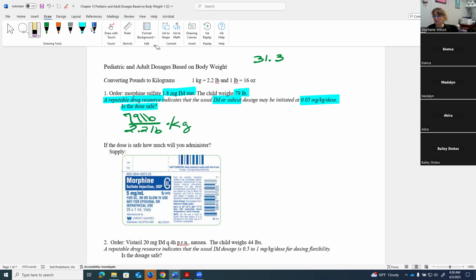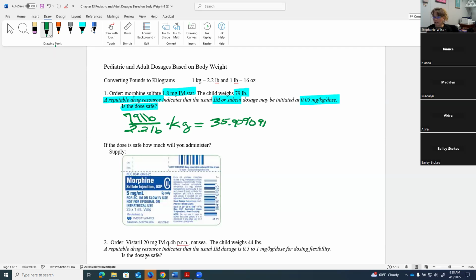I'm going to erase this. You could do one long conversion if you wanted to, or we could just do it in parts. Some people like it in parts. It doesn't matter to me as long as you got your setup right and do your math right, your answer is going to be right. In this one, it gives me 35.90909.